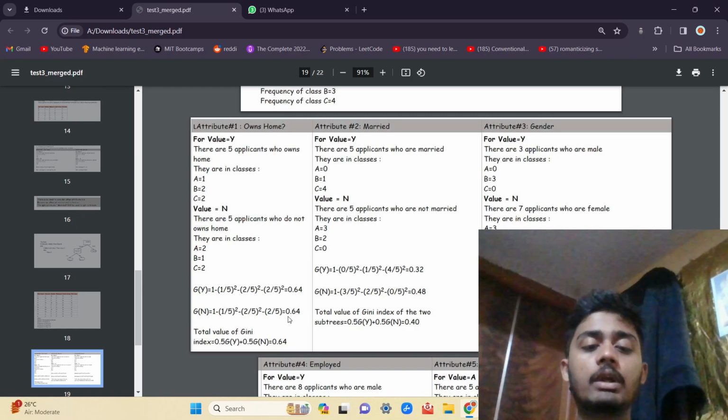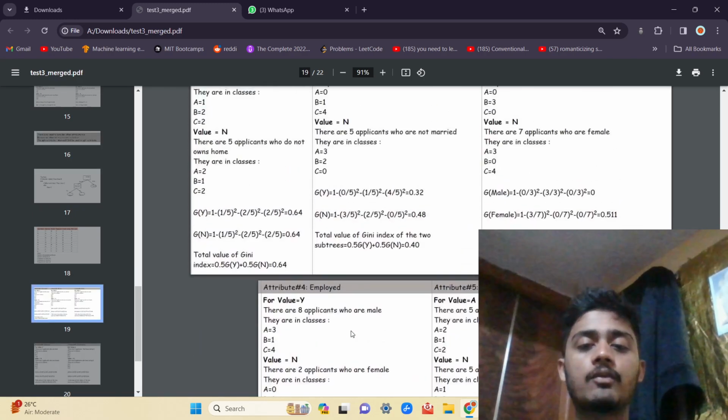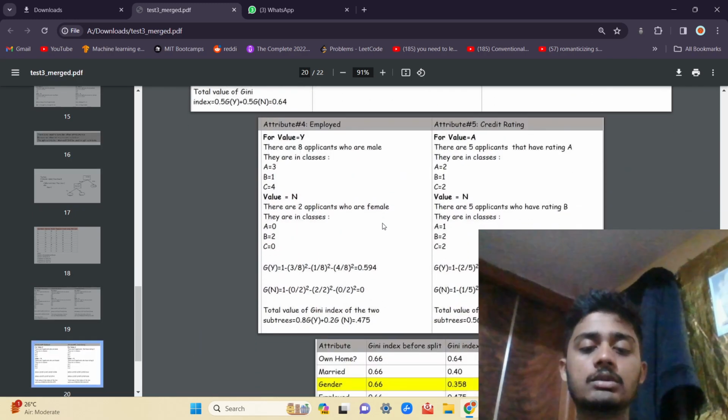Then we have to find the total value of the Gini index, which will come from the probability of yes into the Gini index of yes plus probability of no into the Gini index of no. And after finding the value it will come to 0.64. Then we have to find it for all five attributes.